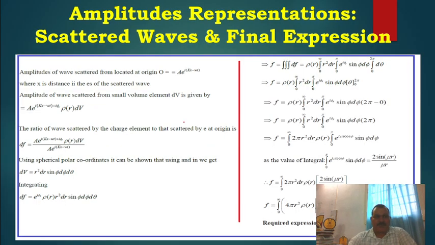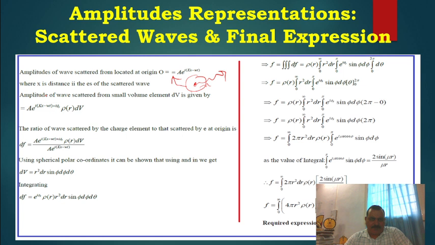In the next step, we have to find the amplitude of the wave scattered from the electron located near the origin. We can represent how much is scattered from here by this expression, where x is the distance of this scattered wave.